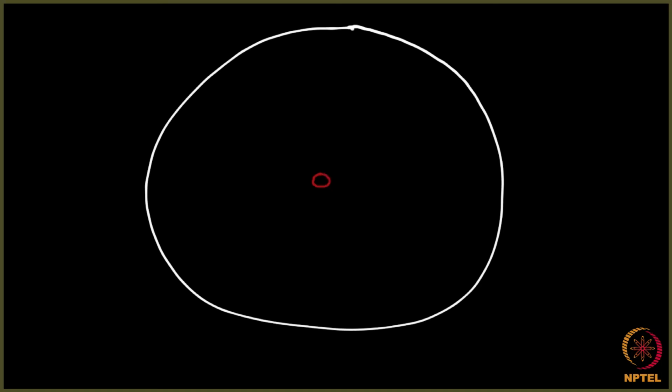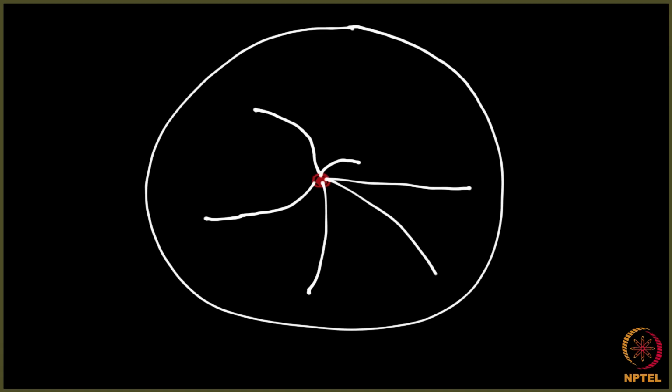Let's say this is the central bus stand. And then from here you will have a bus go to this place, this place, this place, this place, this place, and this place. That's it. These are the several locations where your buses go.